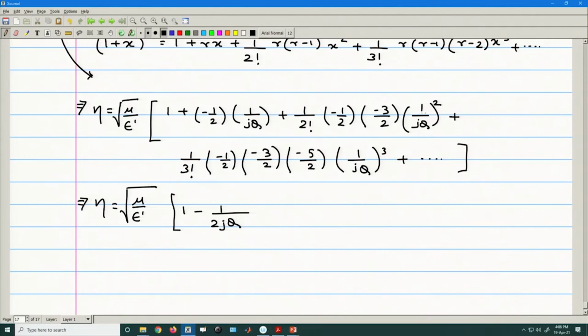Okay, 3 by 8, and again we are having this will be minus minus, and then we will have this as minus, so minus 3 by 8 q square. Okay, the fourth one will be again 3 factorial is 6, so 6 to 12, 15 by, so it's 15 by 48, okay, 1 by j q cube.